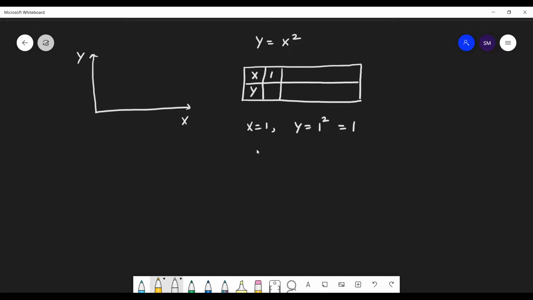That's 1. So y is 1. Put x equals to 2. What will you get? 4. Y equals 4. You put x equals 3, y equals to 9. Okay.